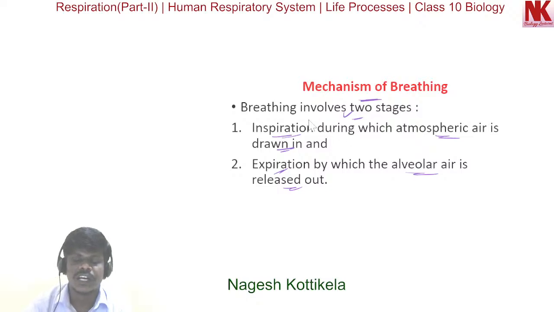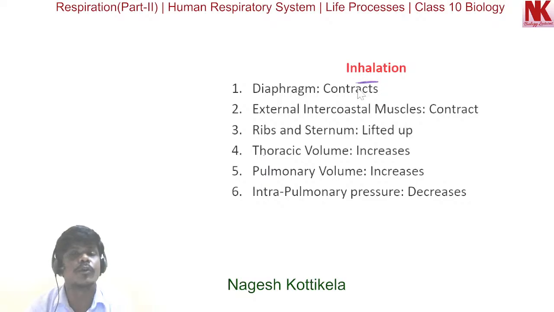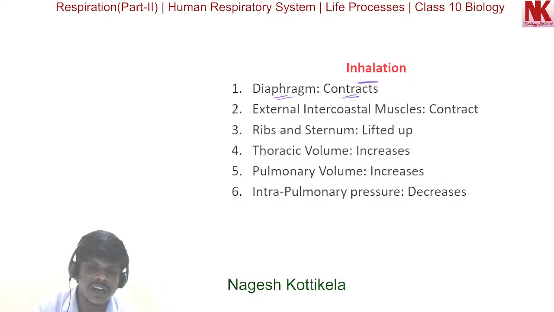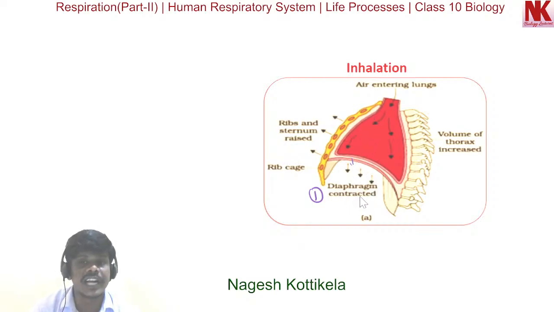Now if we discuss this in detail, first the inhalation process. During inhalation, the diaphragm contracts. Here several important structures we can see in this diagram of inhalation. The diaphragm is contracted.